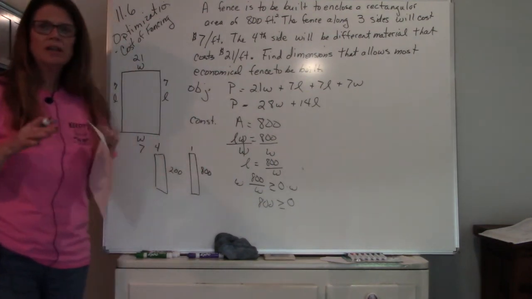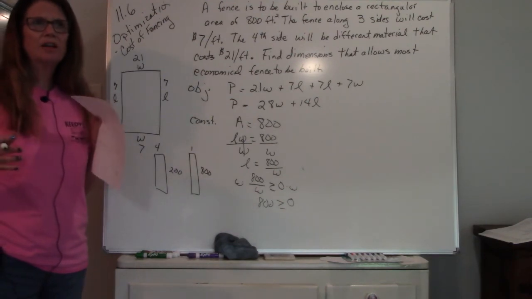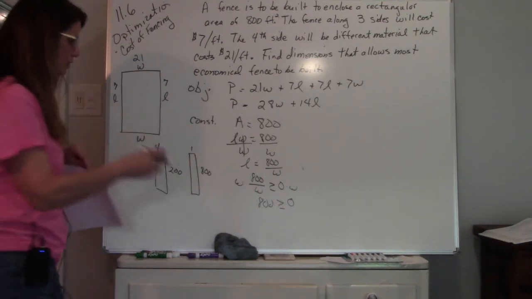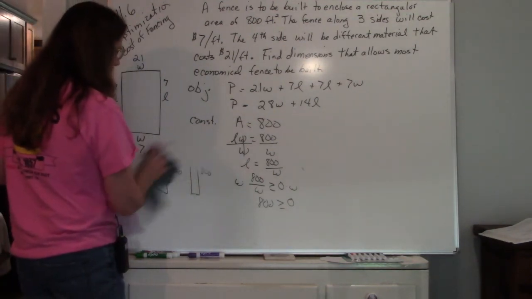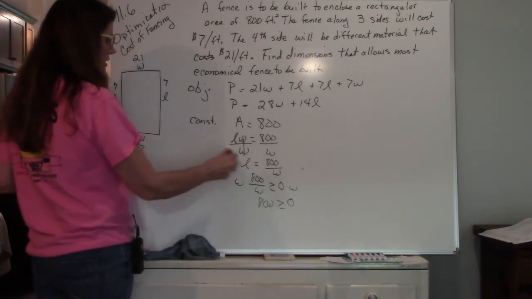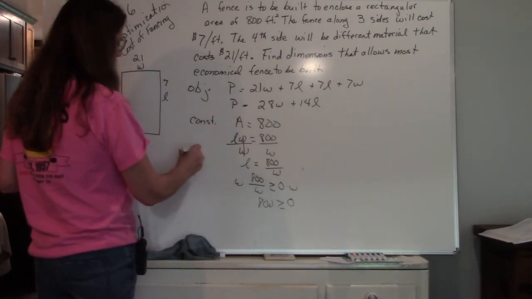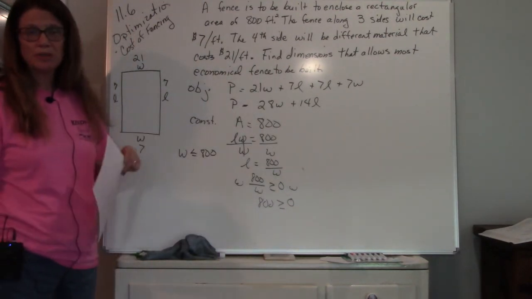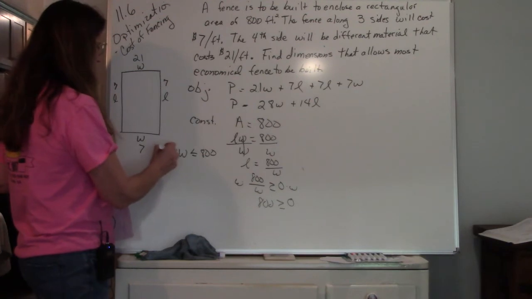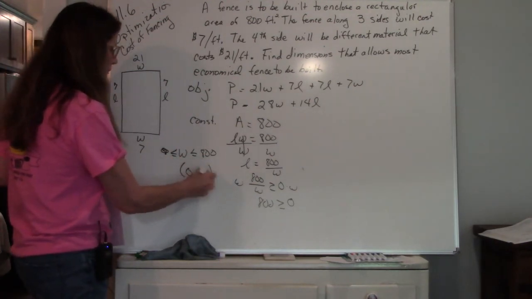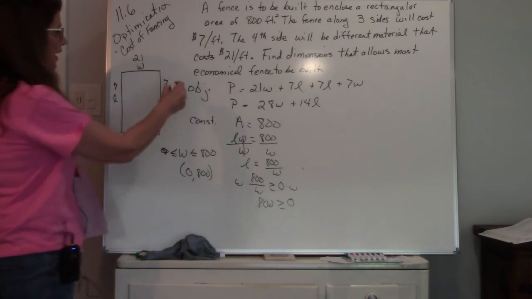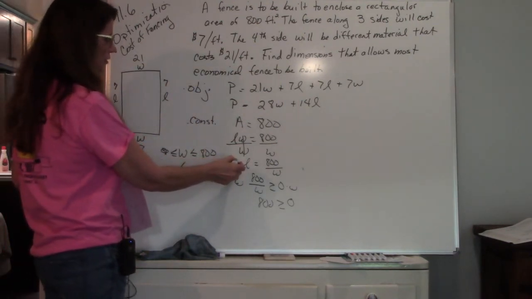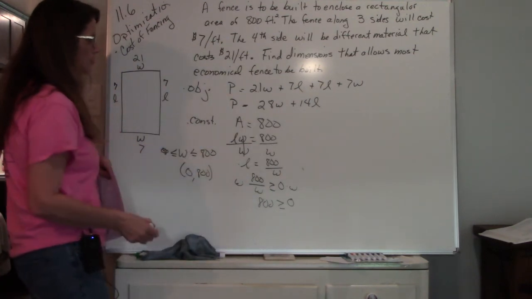There's really an infinite amount of combinations to get 800. So the limitations of 800 square feet, all we need to know is that our width has to be less than or equal to 800. So it's got to be somewhere between 0 and 800. All right, so we have our objective, we have our constraint. Our constraint is solved for a variable. We know that our endpoints are between 0 and 800.